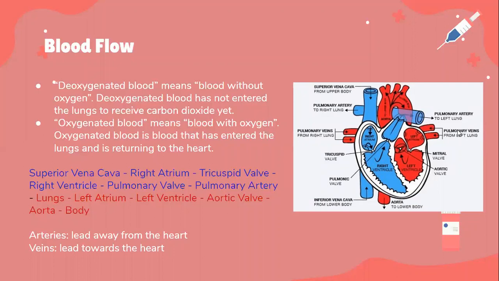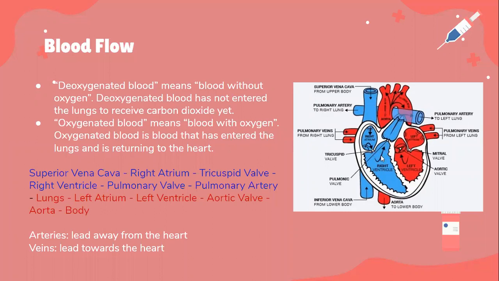So it says pulmonary veins right here from the left lungs, so it goes through these little veins and then into the left atrium, so now it's oxygenated, into the left ventricle, and then through the aortic valve right here, then up through the aorta, which is that big red thing at the top you see, and then it goes throughout your body to deliver oxygen to everything in your body, because everything is now oxygenated. So it's kind of cool, a very specific path. Just remember it goes through the right side first.